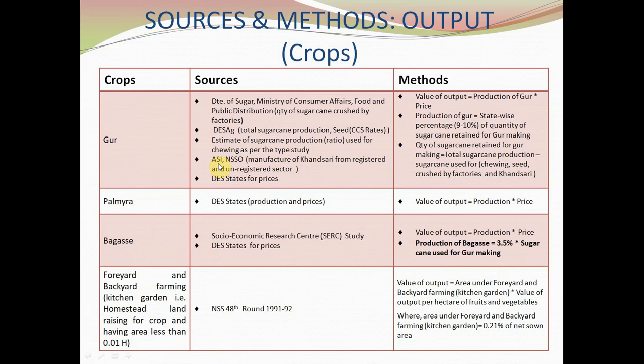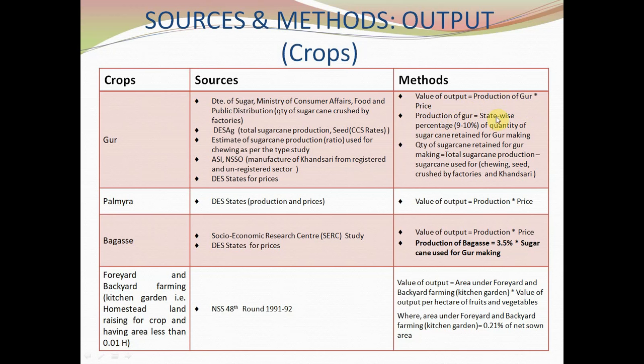ASI and NSSO. ASI is the Annual Survey of Industries. This is done by NSSO. These survey results are used for manufacture of khandsari from registered and unregistered sector, and prices are taken from DES states. Now, value of output will be calculated by production of gur into prices.